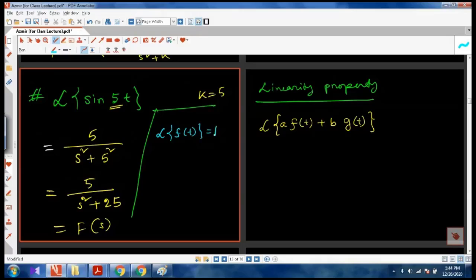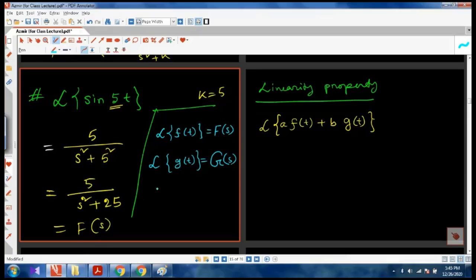Can anyone guess? It will be F of s, small f on the left and capital F on the right side. So let's say we have the Laplace transformation of g of t. So what will be the result? Try to say: small g, capital G of s.